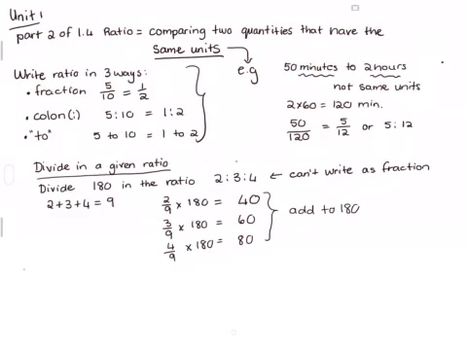Okay, last example, we're going to show you how to increase or decrease in a particular ratio. So instead of increase or decrease as a percentage, in a ratio it's very, very simple.